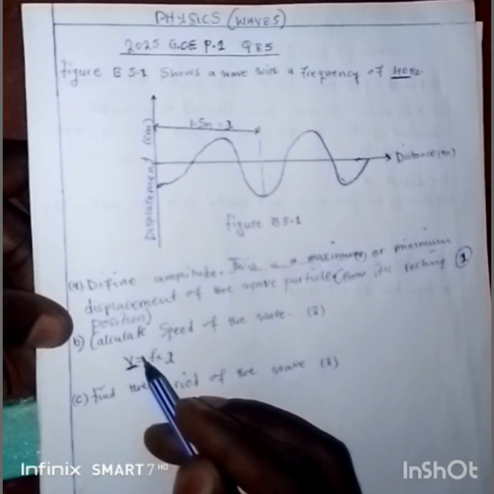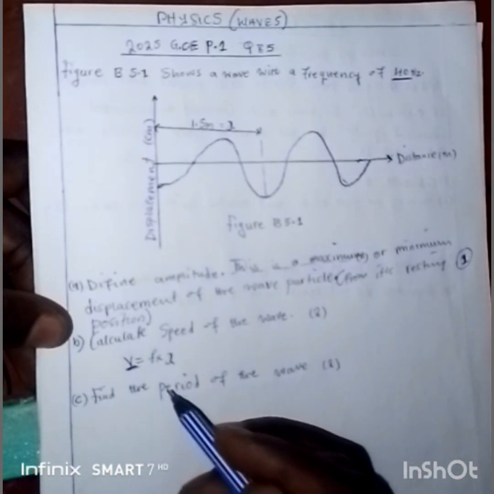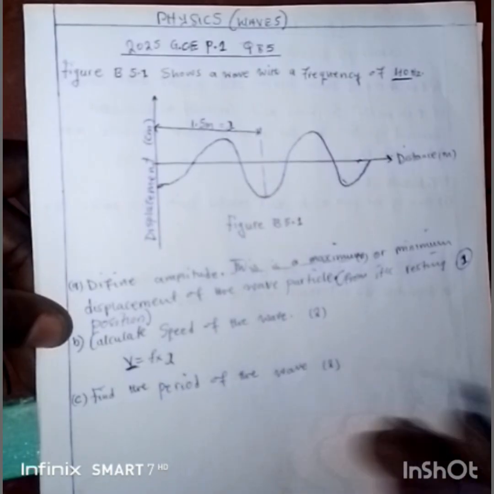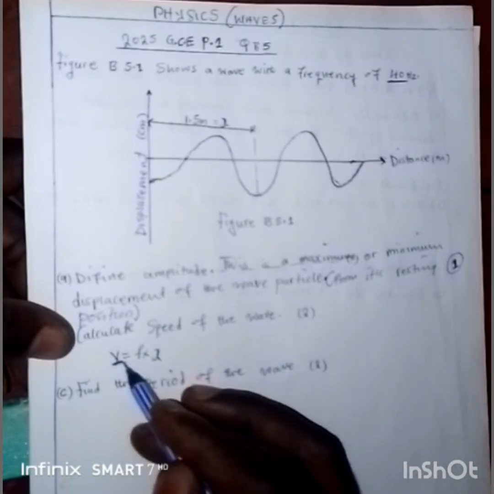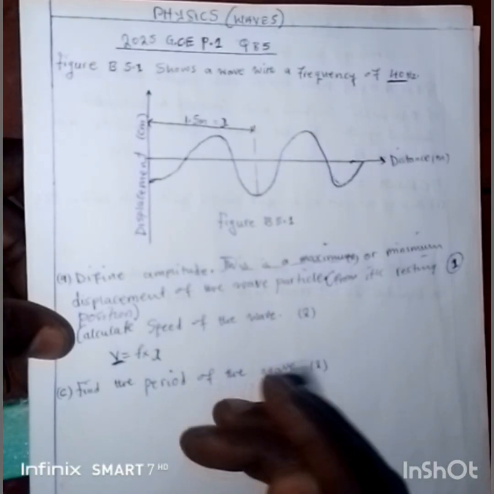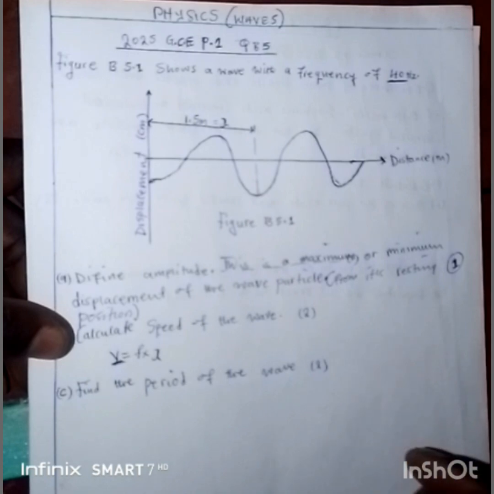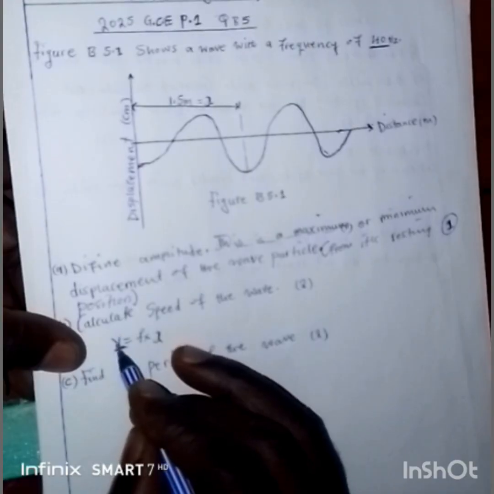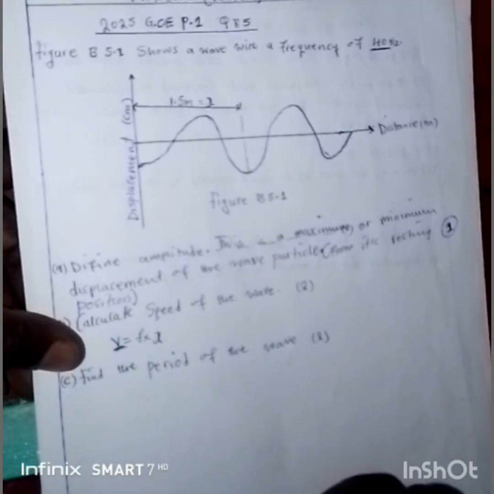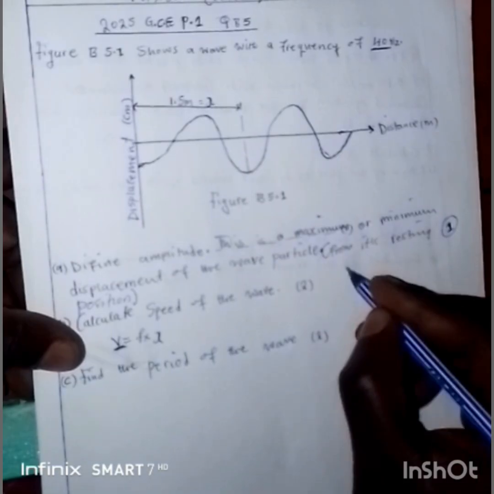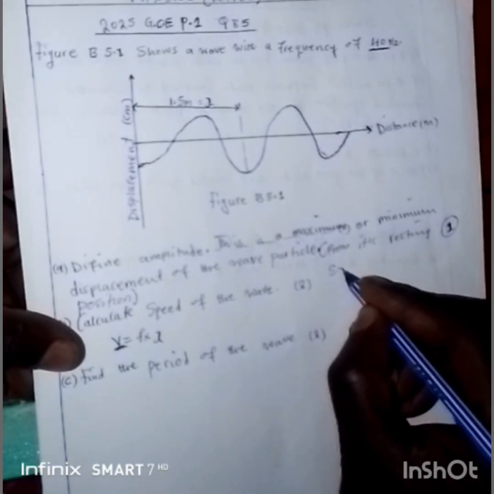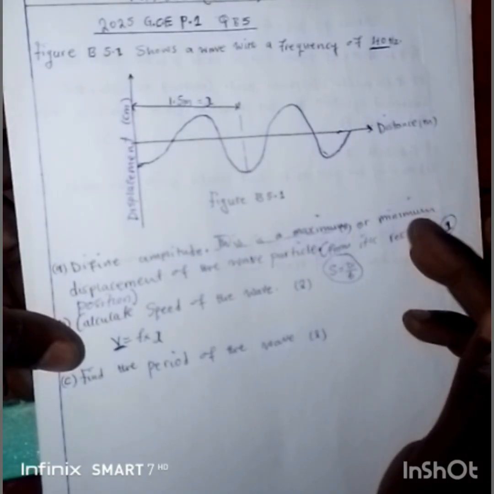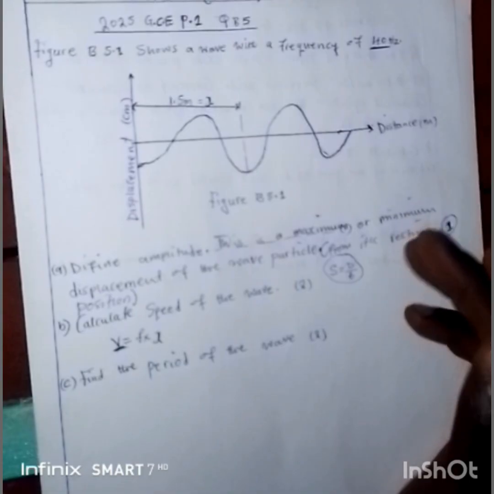Velocity is the change in position, or displacement, with respect to time, whereas speed is the total distance covered in a particular time. Now, under waves, we don't usually use the formula speed equals distance over time. We can use it when calculating, maybe, the speed of sound in air.